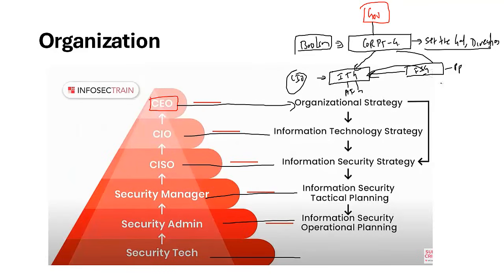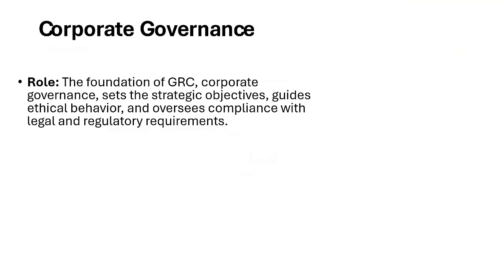So that is how the entire hierarchy works. To understand better, let's understand one by one each and every statement. First let's discuss corporate governance. I already explained in the previous slide what corporate governance is. The foundation of GRC is corporate governance because they are the ones who set the direction. If you see the hierarchy according to COBIT, corporate governance follows three things: E, D, M according to COBIT. E stands for evaluate.